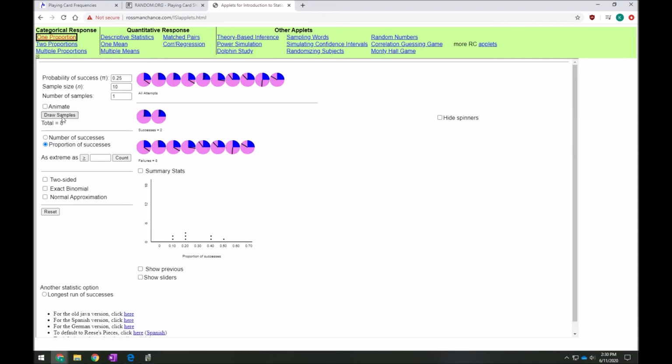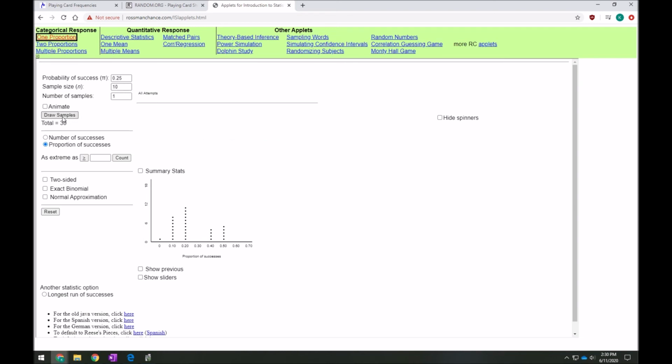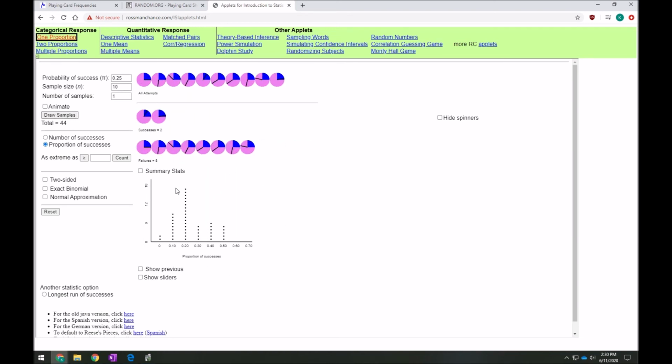I could start to see that as I keep running this experiment, some things will happen a lot and some things will not happen a lot. And so what we'd like to do is to start to see the general pattern. This, of course, will be a lot easier if we increase our number of samples. So why don't I do this? Now I've done this so many different times and I can start to see something. What kind of shape does my distribution begin to have? Well, you might be able to get away with almost one of 2 shapes here.